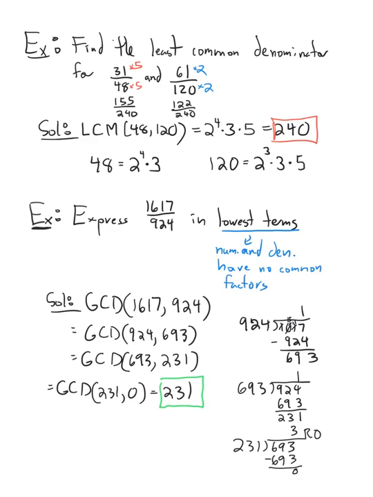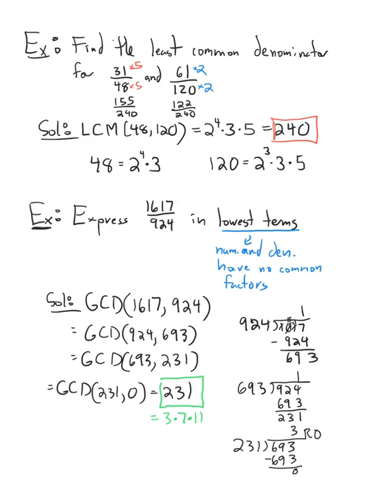And not that you need it, but its prime factorization is, sorry, it's not 2, it's 3 times 7 times 11. You can check that by a tree diagram or whatever. So we found the greatest common divisor.